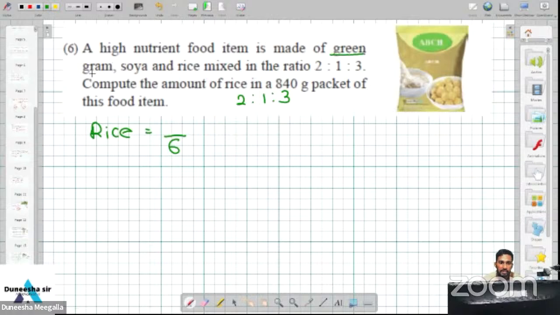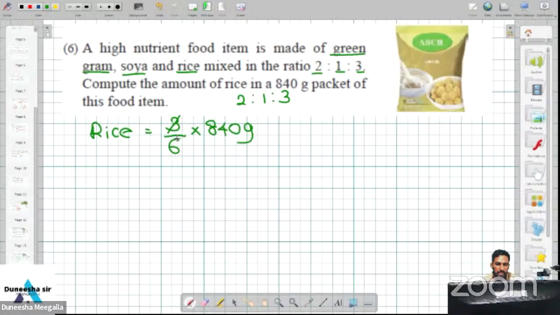Green gram fraction is 2, soya fraction is 1, rice fraction is 3. So 3 over 6. Multiply by which number? 840 grams.